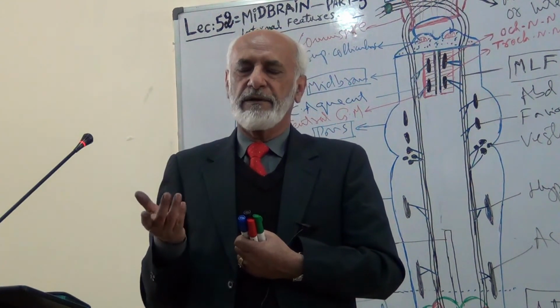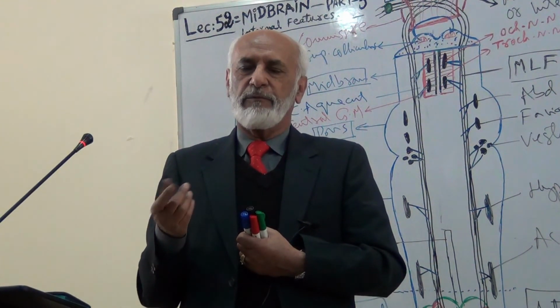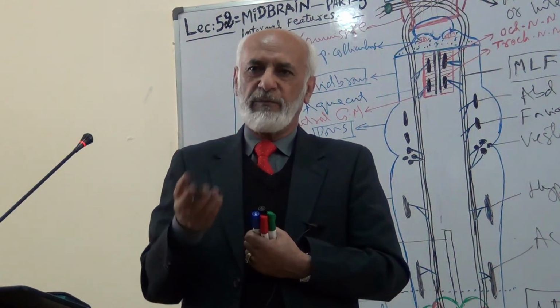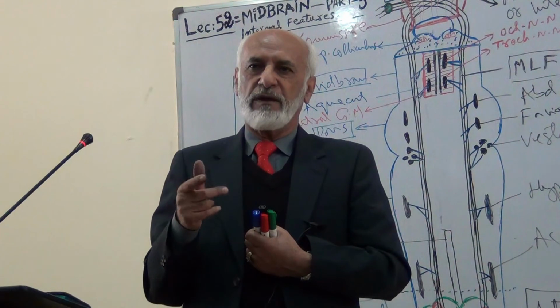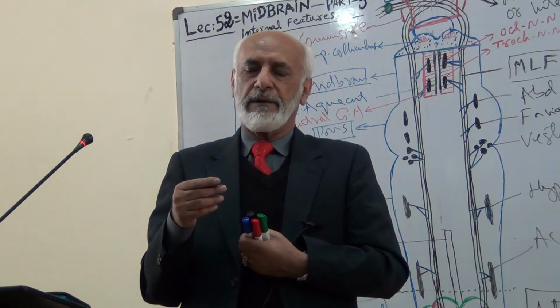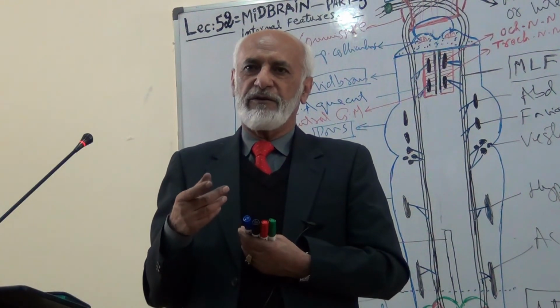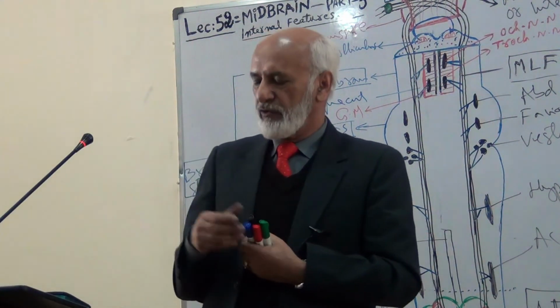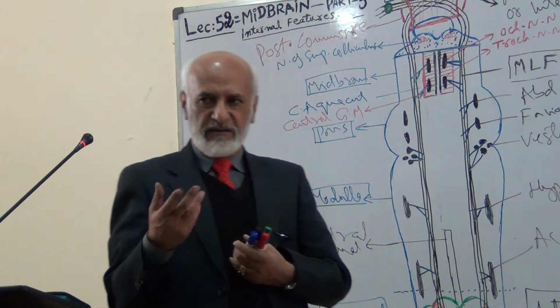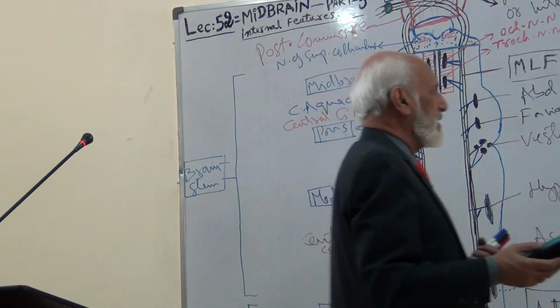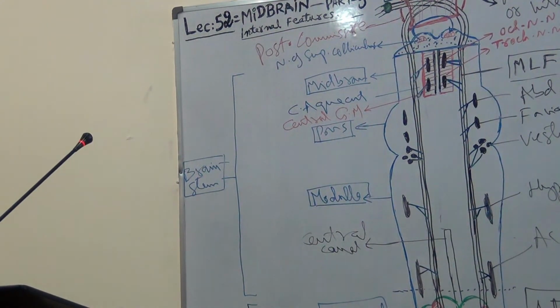It is diverted. So because of this, mistakes occur in the words, mistakes occur in the spelling. So you have seen when there is no coordination between all these activities, disturbance will occur. This was another example which I showed you. So this was the medial longitudinal fasciculus.